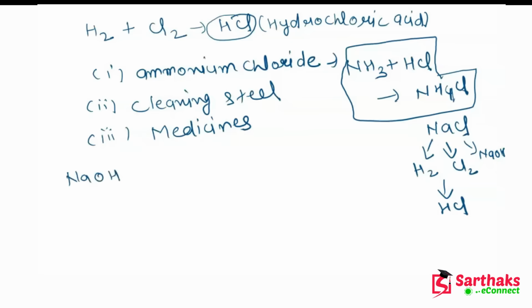When NaOH, sodium hydroxide, reacts with Cl2, chlorine gas, it forms bleach. This bleach is used for cleaning our house. You can bleach our clothes and household. So these are examples of the by-products of the chlor-alkali process.